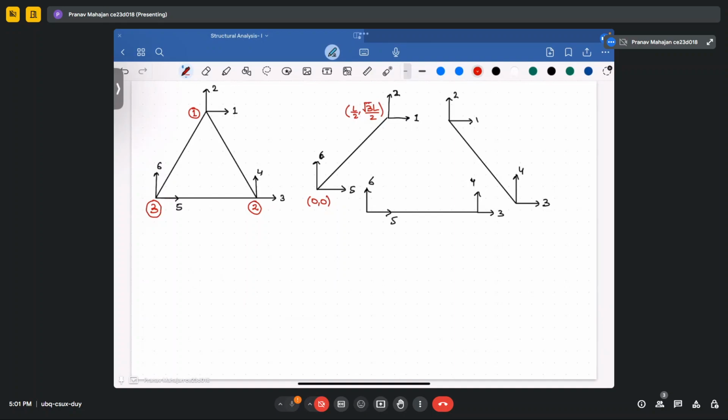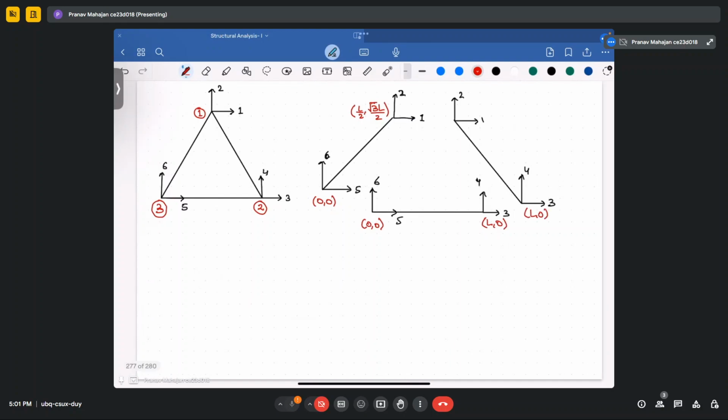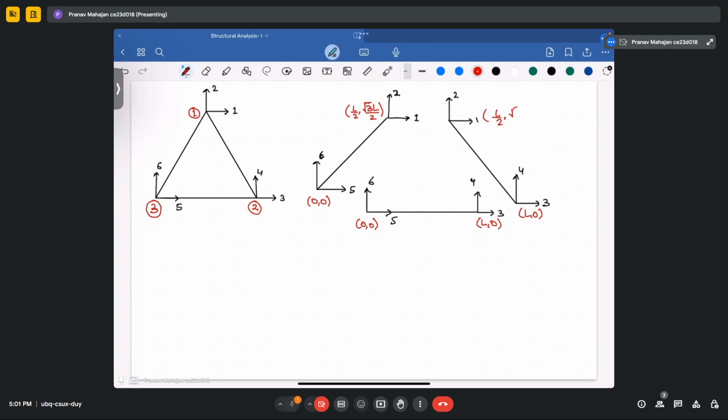So here the coordinates would be 0, 0. Here would be L, 0. Here it would be L, 0. Here it would be L by 2, root 3 by 2 into L. And the stiffness here, so let K1 be the element stiffness. This will be K2. This will be K3. Okay. So these are your elemental stiffnesses.